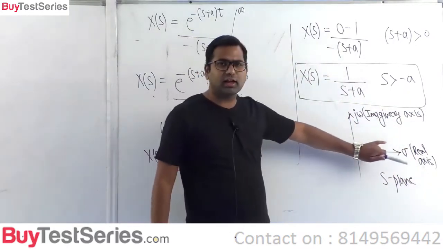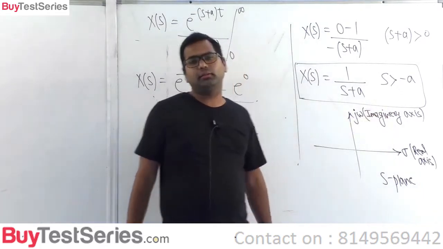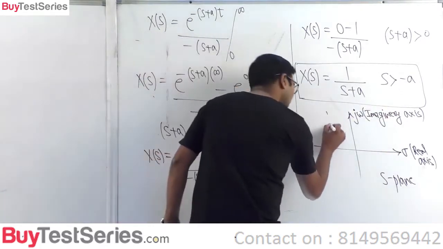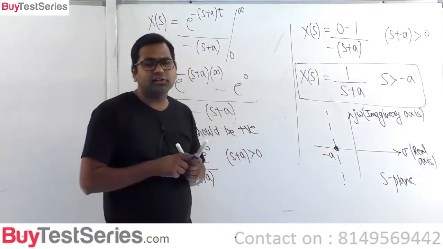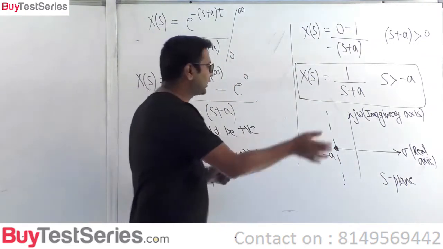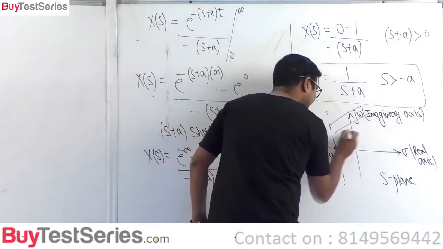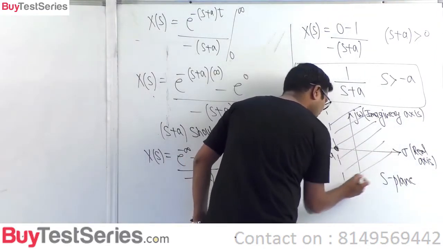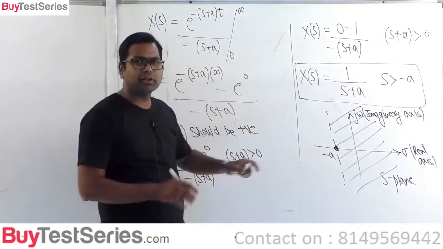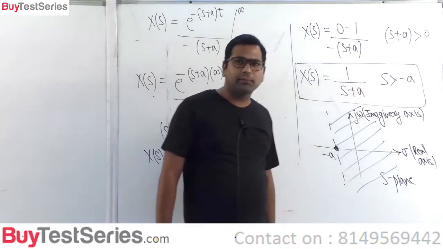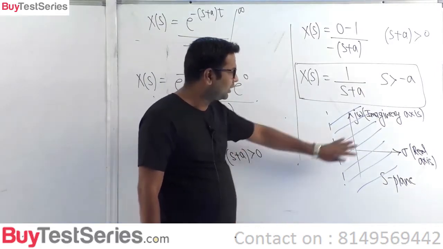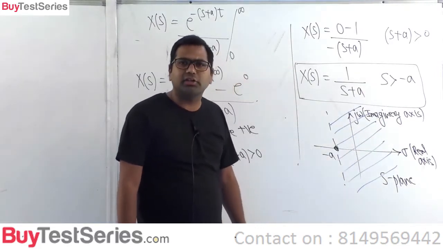Now, on this graph, we have to show s greater than minus a. So this will be minus a. S greater than minus a is the region to the right-hand side of minus a. This Laplace transform 1 upon s plus a is valid for s greater than minus a, which is shown here by the shaded region.